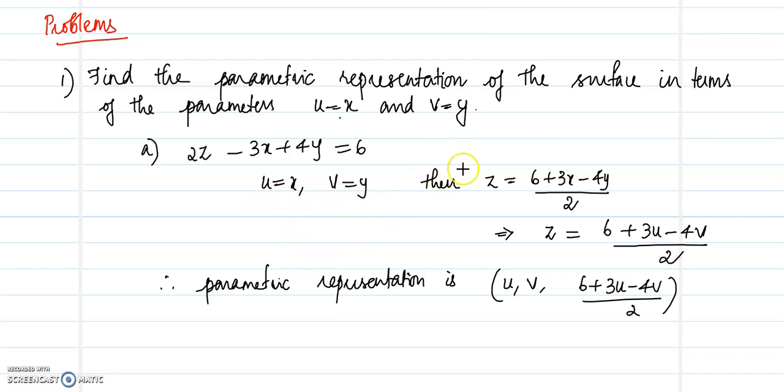So when you use a substitution, that gives z equal to, so z is (6 plus 3x minus 4y) by 2. So replace x and y. So that will give z equal to (6 plus 3u minus 4v) by 2. So therefore the parametric representation is u, v, then (6 plus 3u minus 4v) by 2. So that is the required parametric representation.